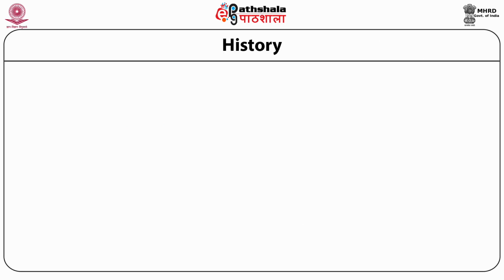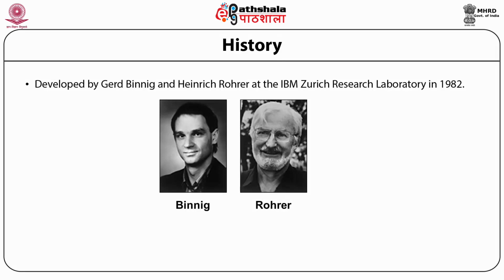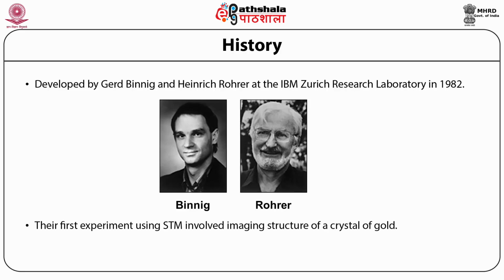The history of STM: it was developed by Gerd Binnig and Heinrich Rohrer at the IBM Zurich Research Laboratory in 1982. Their first experiment using STM involved imaging the structure of a crystal of gold.